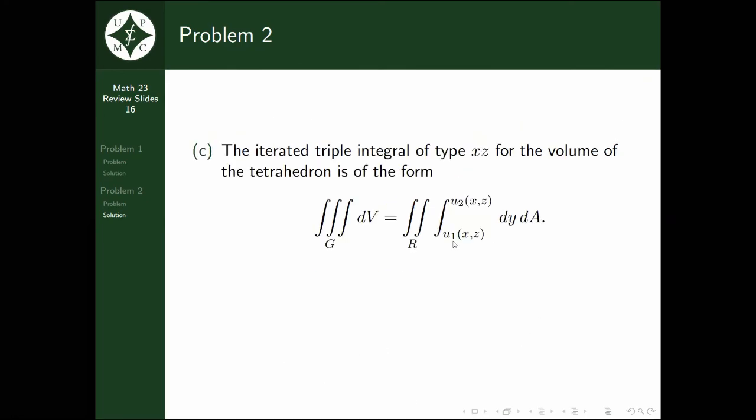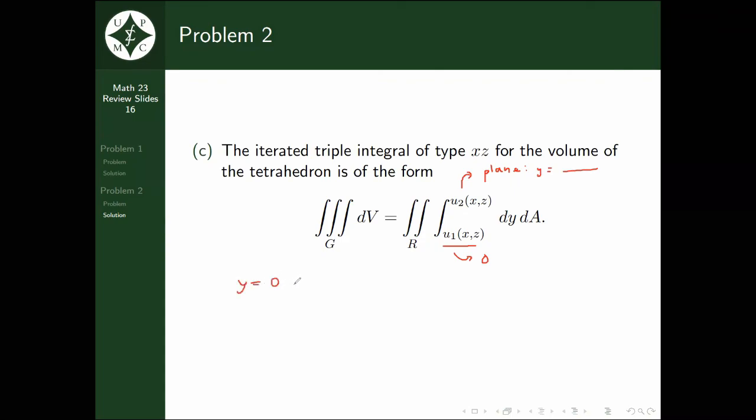Okay, so finally, I guess we have sort of a formula here already. We know that this u1 is just 0. And at this one, you just need to take the plane and rewrite it as y equals something. And for dA, again, you just have to project, but this time, set y equal to 0 in the equation of the plane.